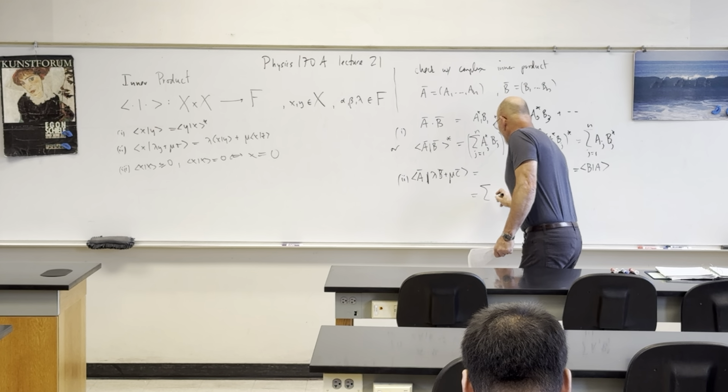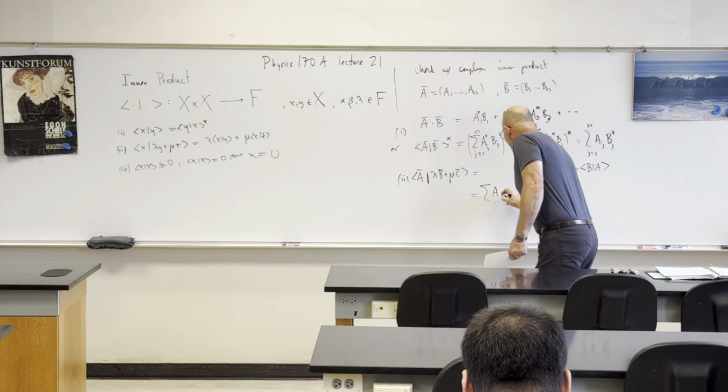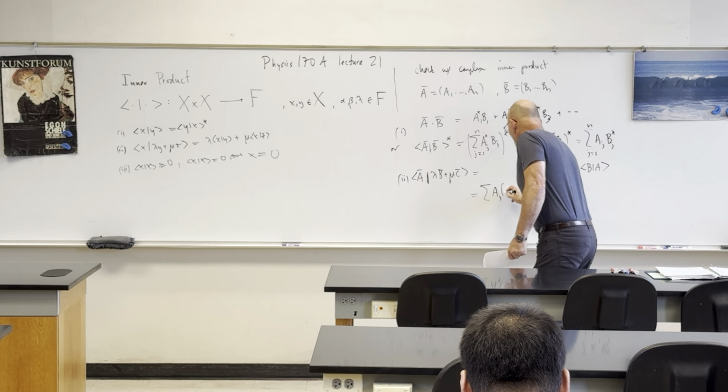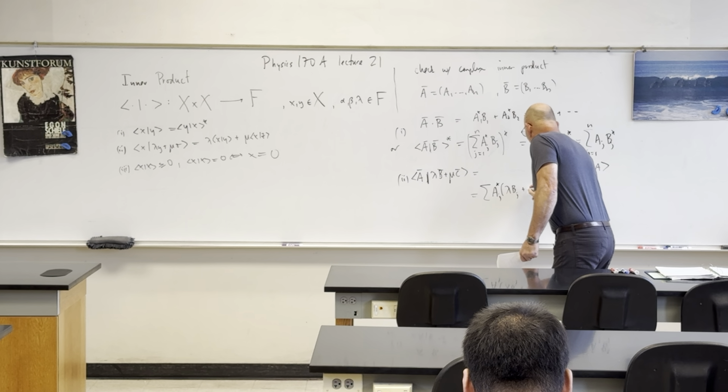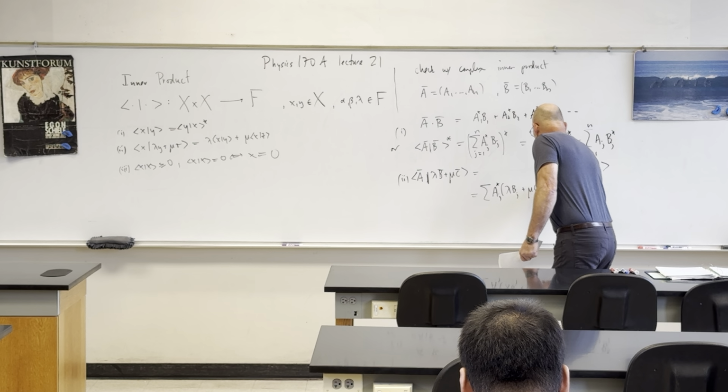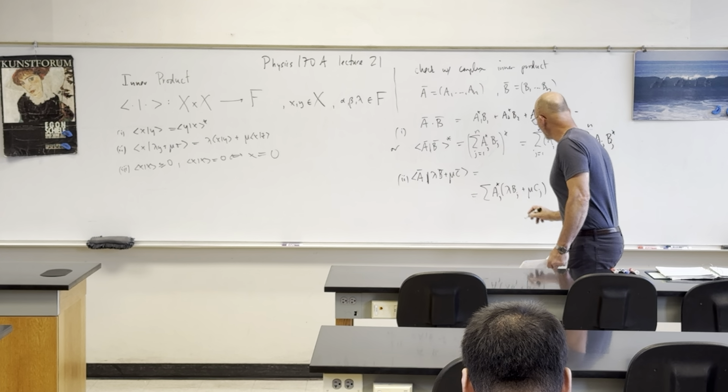And we would be summing over this, we'd have A sub J star, put the star on the A there, lambda B sub J plus mu C sub J. And just work our way through.